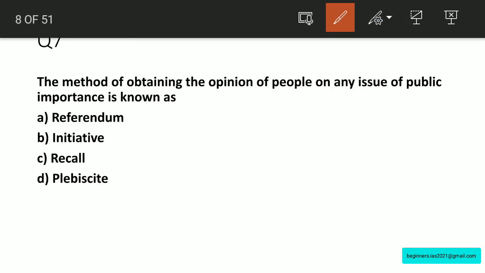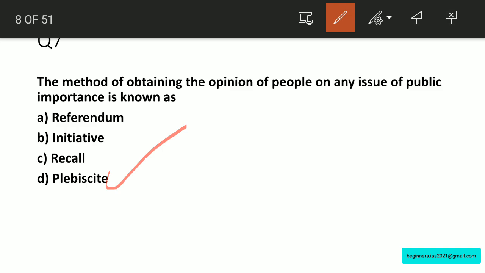Here, the method of obtaining the opinion of people on any issue of public importance is known as, it is straightforward, plebiscite. See, in direct democracy, these four things are very important: referendum, initiative, recall, plebiscite.